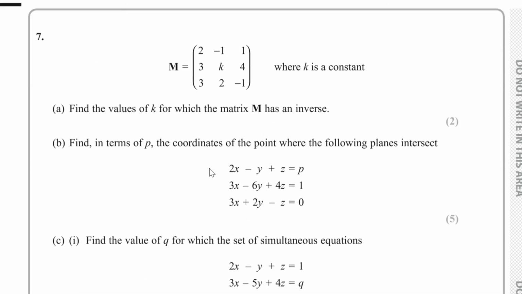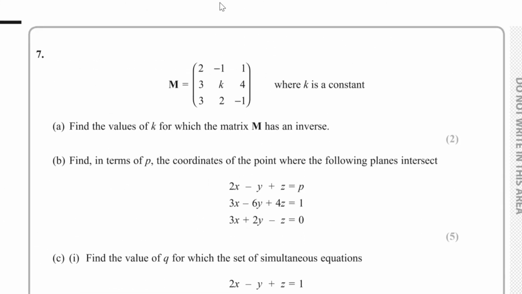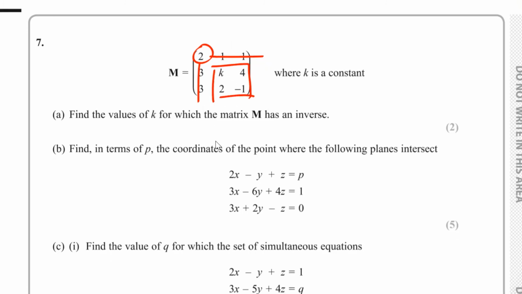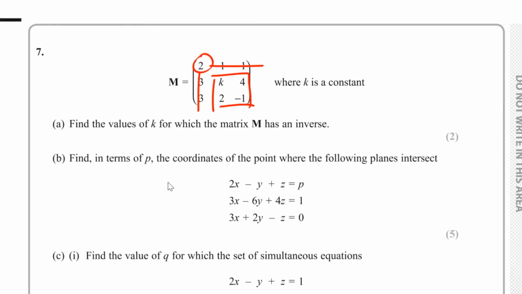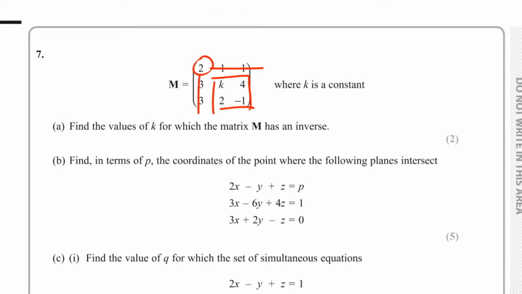what we do is, if we go along the first row, we look at this 2, and we go across, and then we work out the determinant of what's left. So we have 2 lots of the determinant of (k, 4; 2, -1). Remember the order of signs: plus, minus, plus, minus, plus, minus, plus, minus, plus.